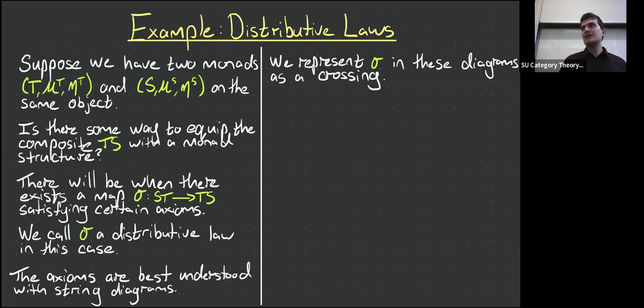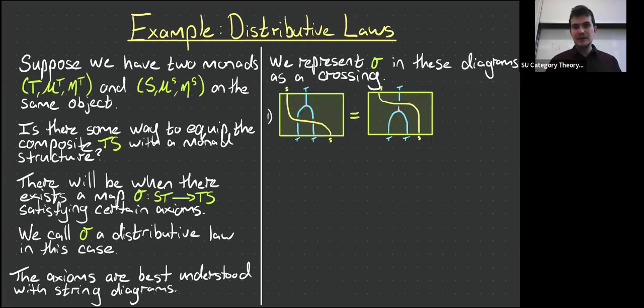In these diagrams, we're going to represent sigma as a crossing. Before, in the string diagrams, I was representing the two cells with a pink dot. But now we're going to instead just visualize it as one wire crossing on top of the other wire. What I want to stress is that this crossing you see over here is actually just sigma. And this is sigma again.